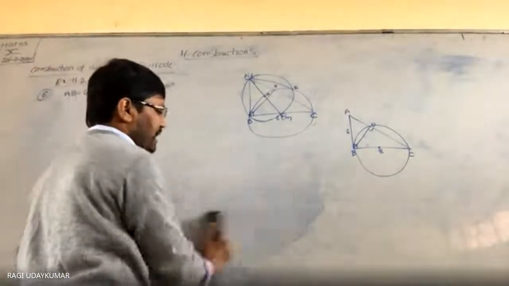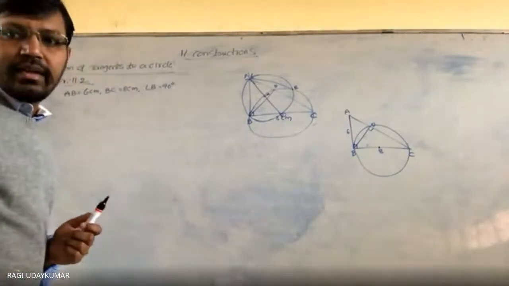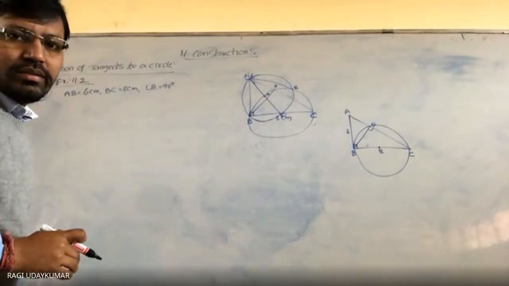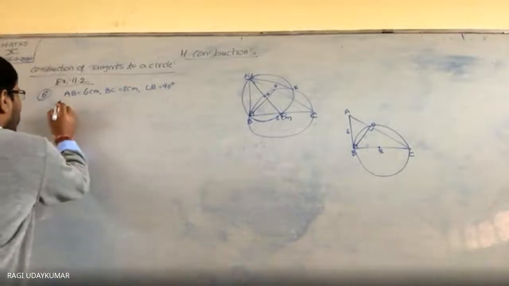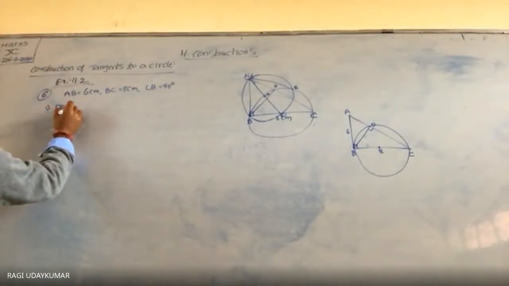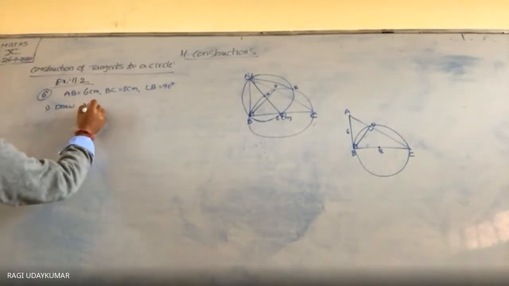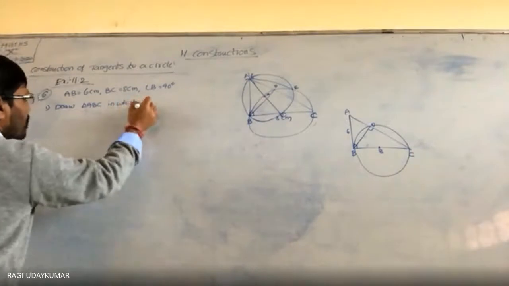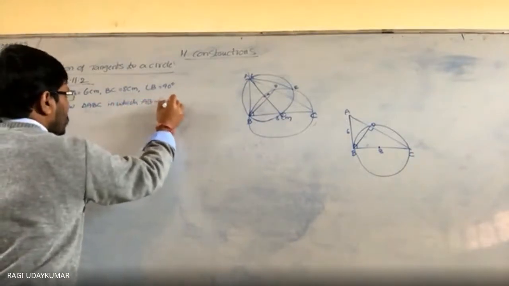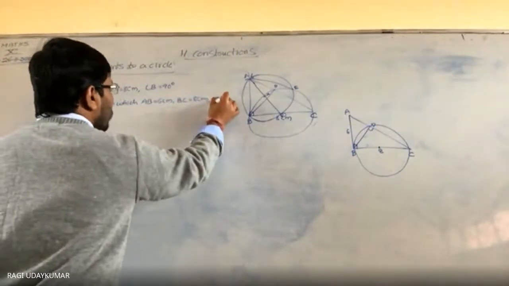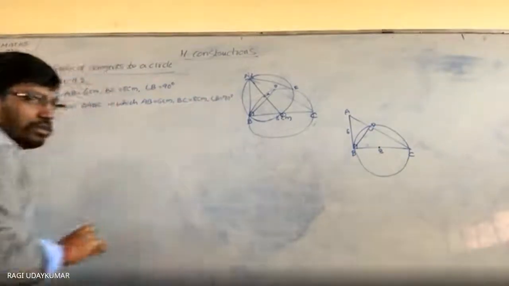What are the steps of construction in this? What can you write as the steps here? First one, draw triangle ABC in which AB is equal to 6 centimeters, BC is equal to 8 centimeters, and angle B is equal to 90 degrees.